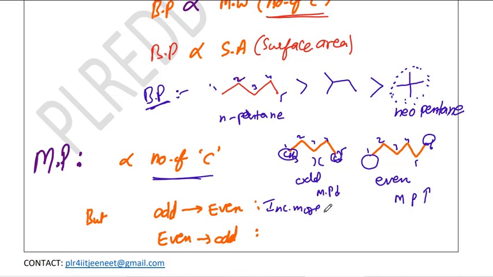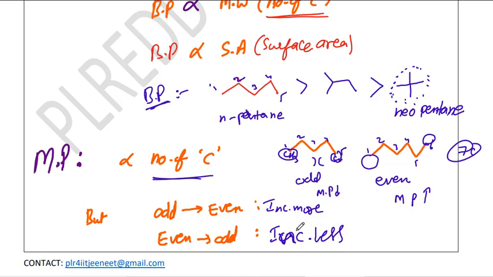Whenever it goes from even number to odd number, 6 to 7 carbon chain, it increases less. So odd to even increases more, even to odd increases less. Sometimes you can see almost equal, or a little bit less also.